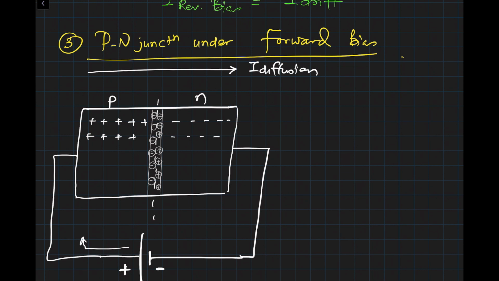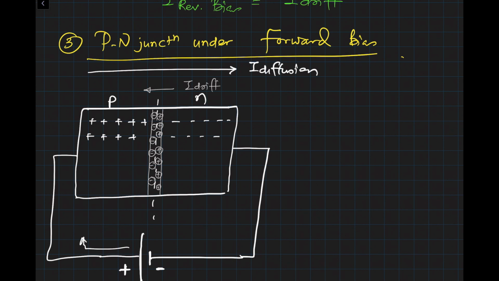So you will see the same amount of drift as before. And that's happening because of the thermally generated carriers, minority carriers. So the I drift will probably be the same going in the opposite direction.